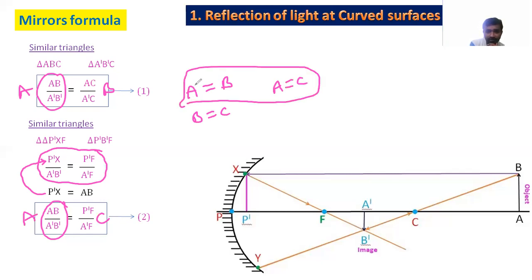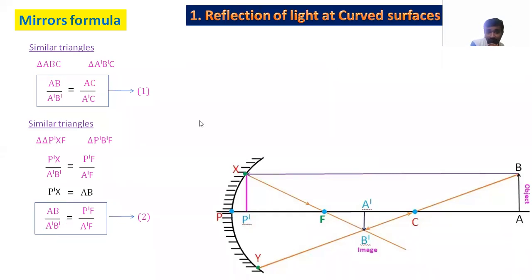Like that, what can I write here? Simply, AC by A dash C is equal to P dash F by A dash F. From equations 1 and 2, I am able to write AC by A dash C is equal to P dash F by A dash F. So this is actually the RHSs being equal if the LHSs are the same, right?